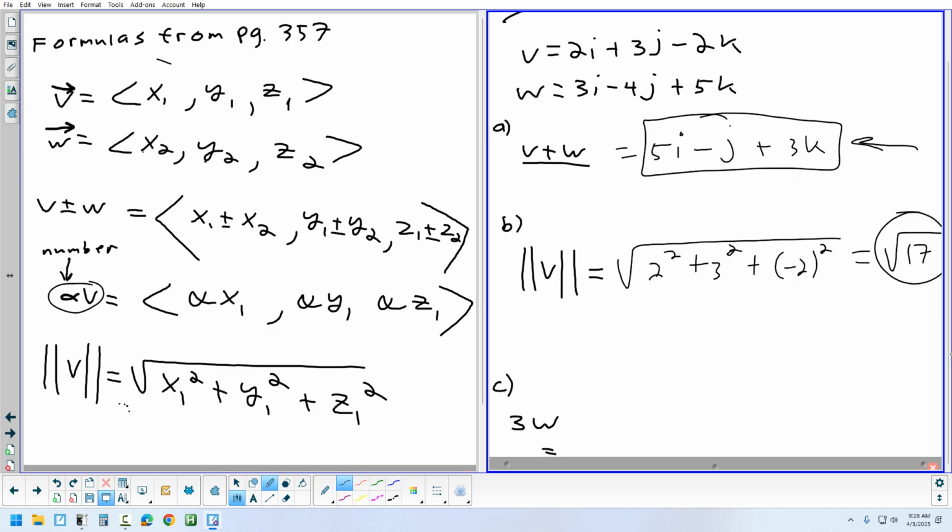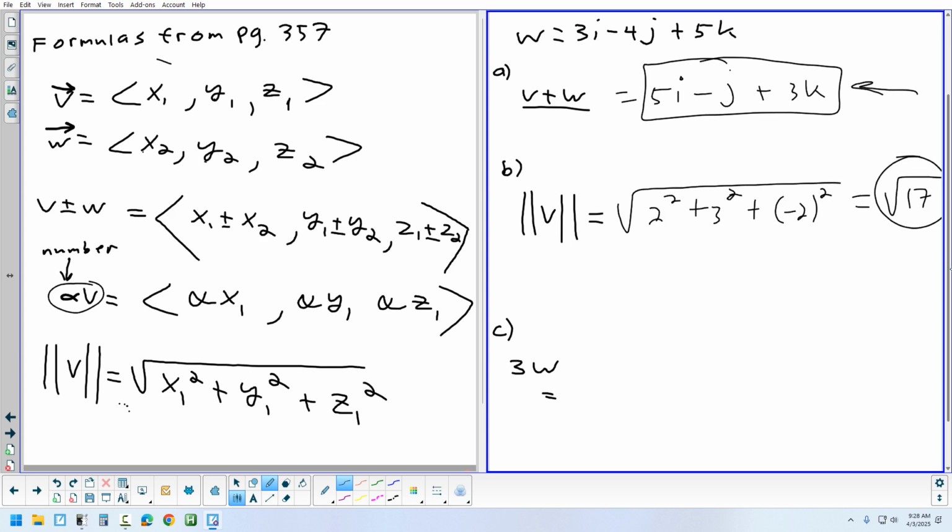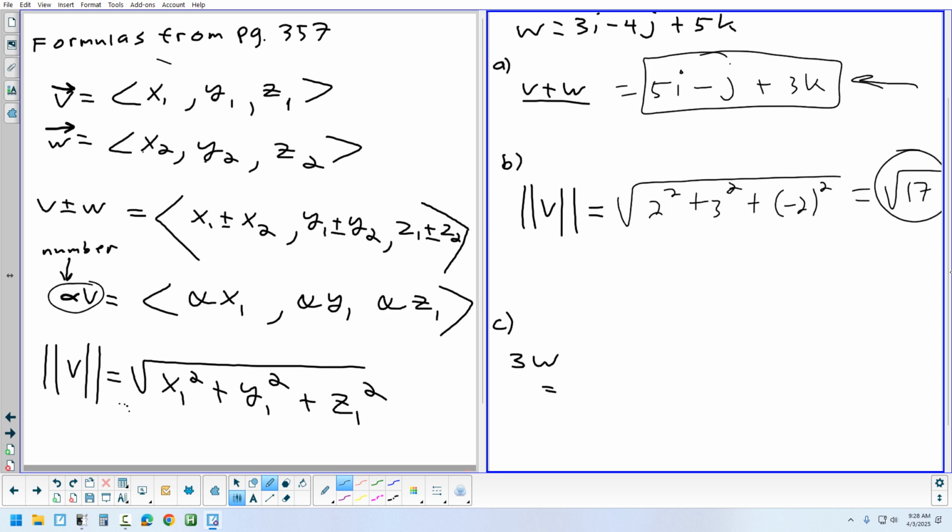All right. Well, I just said this one. Scaling is going to result in a new vector. And what would 3w be in this case? How about Moises?